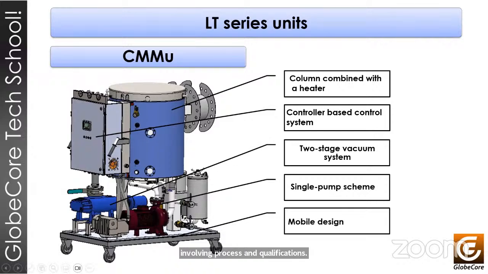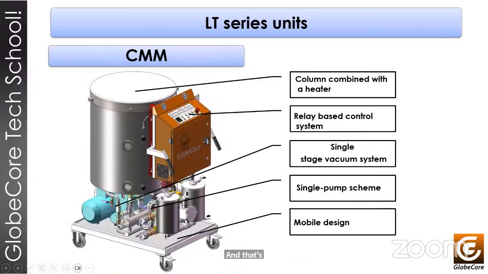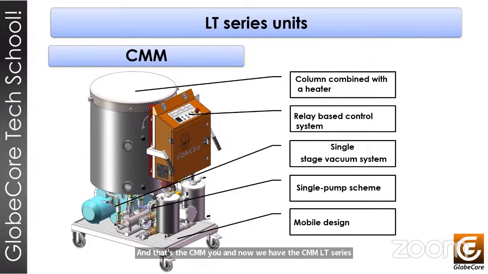That's the CMMU, and now we have the CMM-LT series. Characteristics also correspond to the standard equipment. The main difference with the CMMU is the presence of a single stage vacuum system and a control system based on a relay scheme. You can see in this picture that we can find only three buttons.